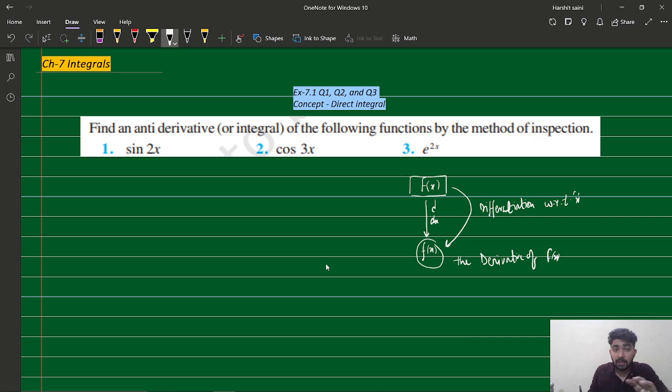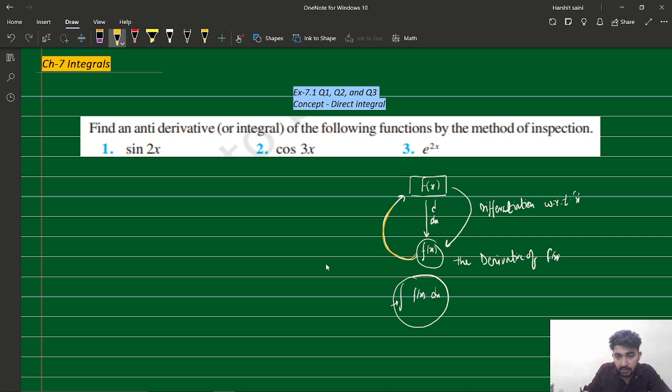But in integral we are saying that we need to integrate f of x. This is the symbol we are using for integral: integral of f of x with respect to x, writing dx. The meaning of this is we are looking for a function capital F of x.